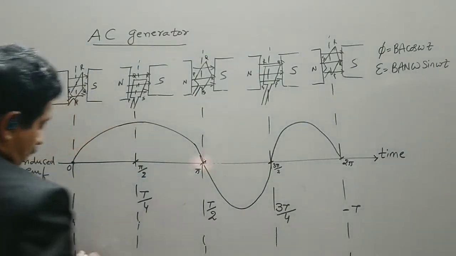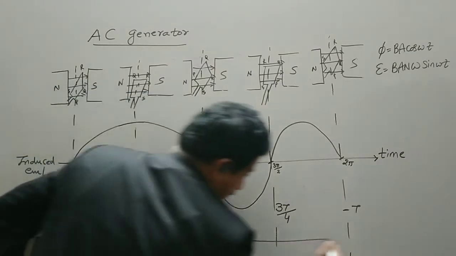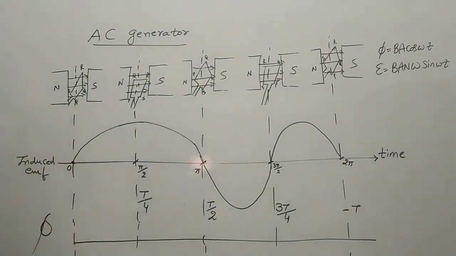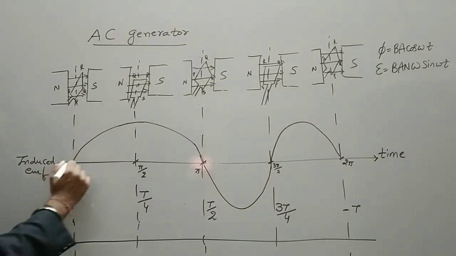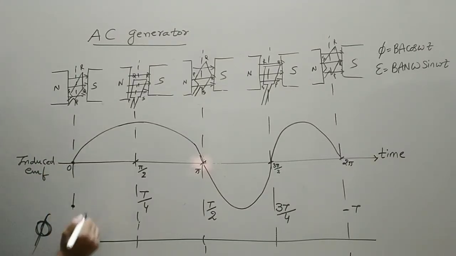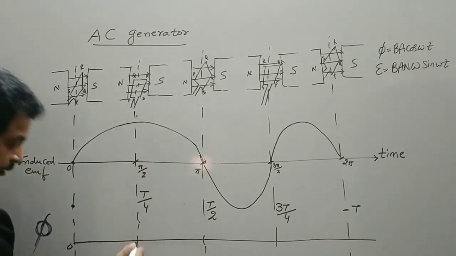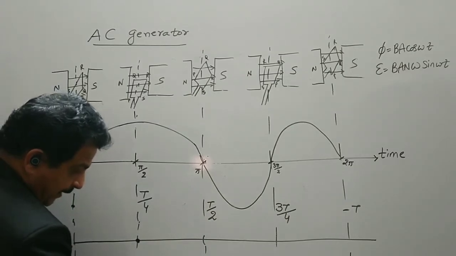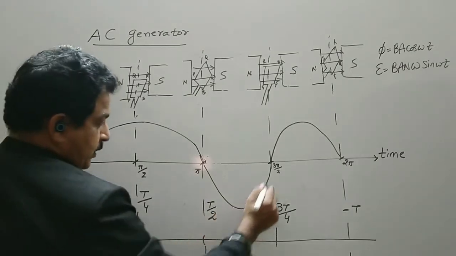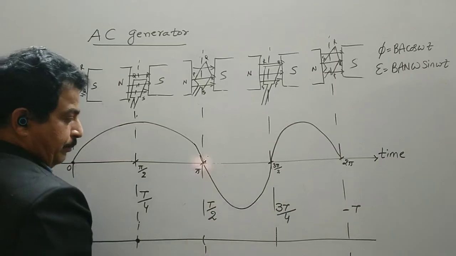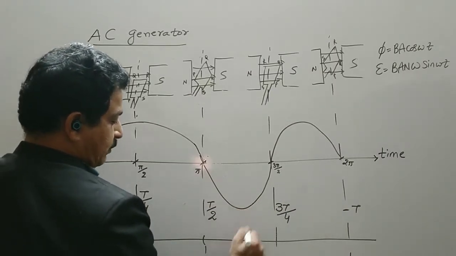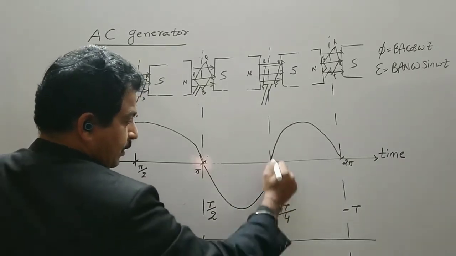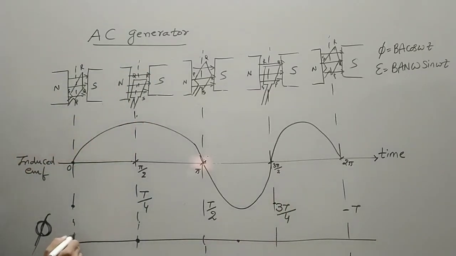Now if I have to draw the graph of the flux, that should be the cosine. So if I want to draw the graph of the flux, this is minimum, so maximum. This is maximum, so minimum. Minimum, maximum. Then it becomes maximum, so we have minimum. So it should be the cosine graph.